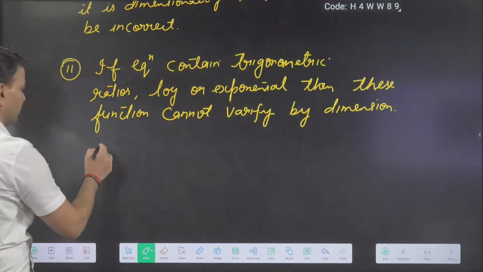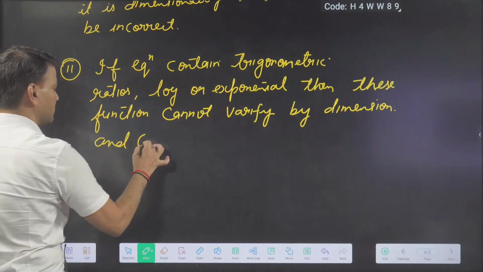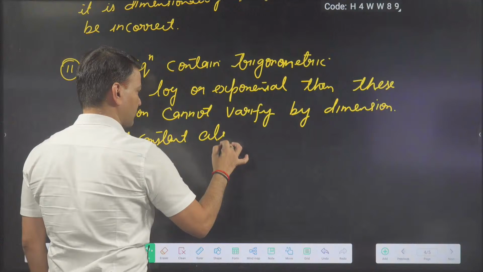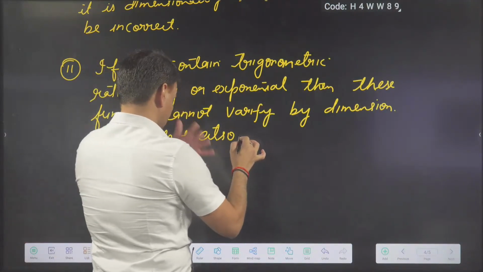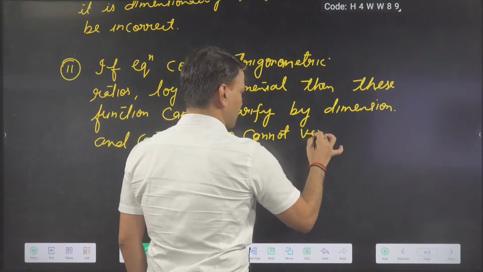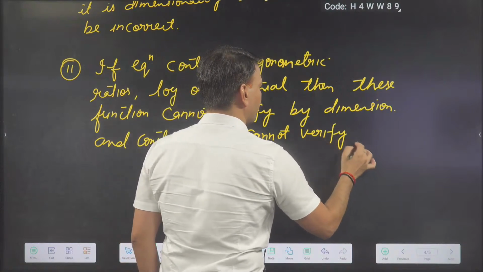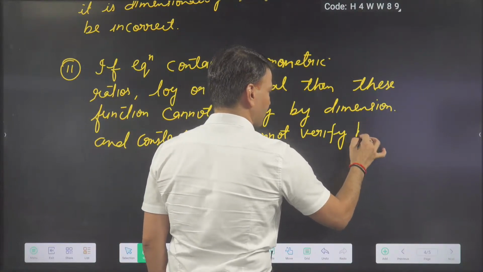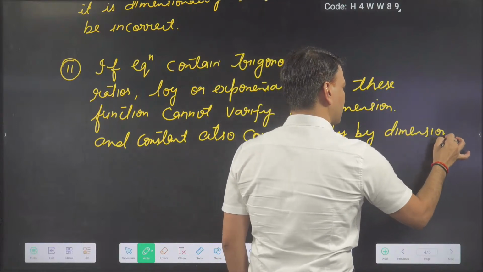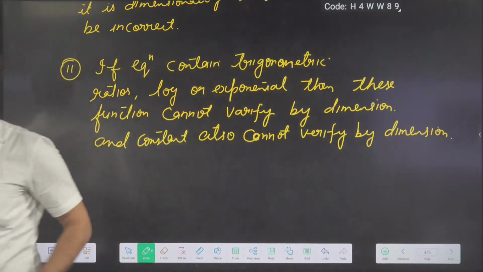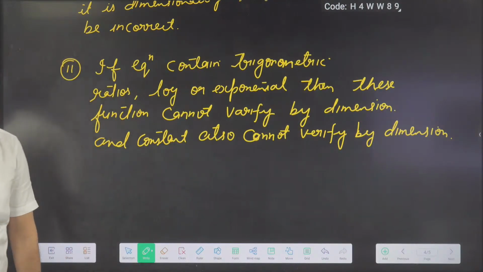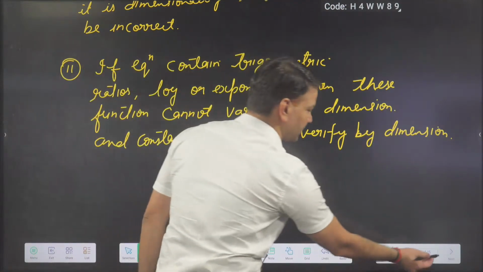Here, if you want, you can write a constant too. That point I already said: a numeric constant also we cannot verify by dimension.